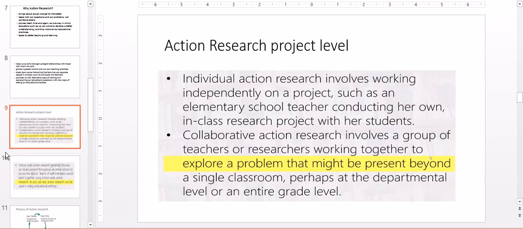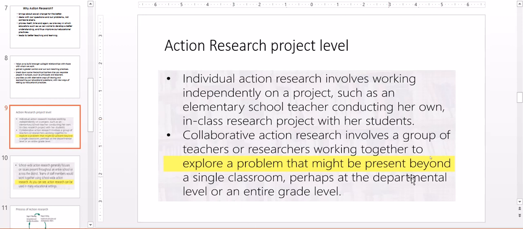Alright, then let's look at action research carried out at different levels: at an individual level, at a group level, and at a school level. At an individual level, we can conduct action research within our own classroom practice.